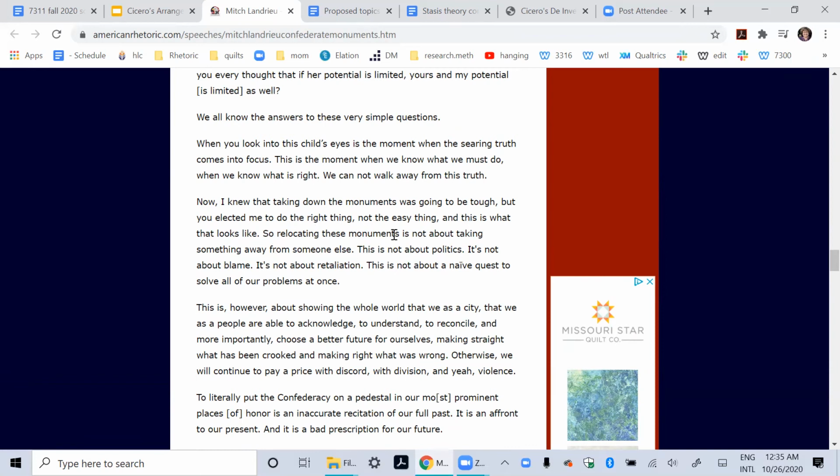Another is it's not about taking something away from someone else. It's not about politics. It's not about blame. It's not about retaliation. It's not a naive quest to solve all our problems at once. All of these are objections to their actions. And he then responds to them by simply re-articulating what it is about.